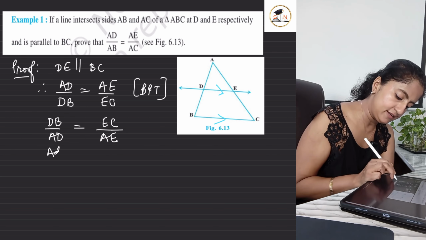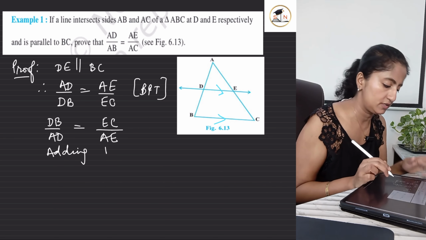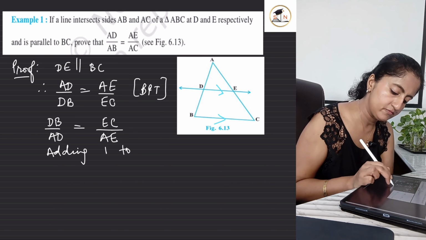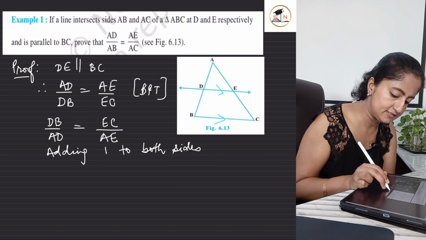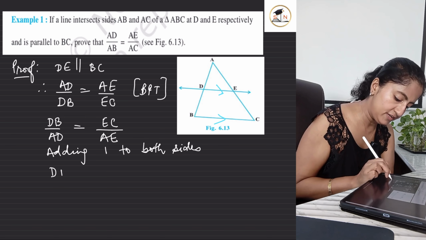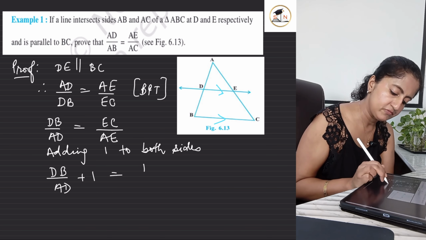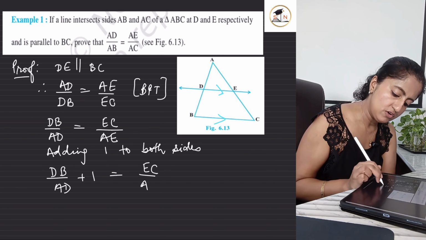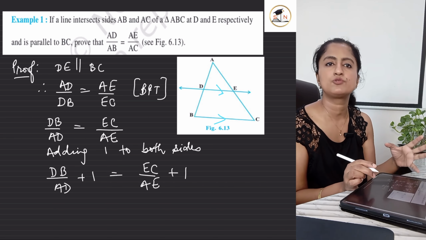Now, adding one, sorry, it's not one, but adding one to both sides. That means we are having DB over AD plus 1 equals EC over AE plus 1. This is how we are supposed to add.